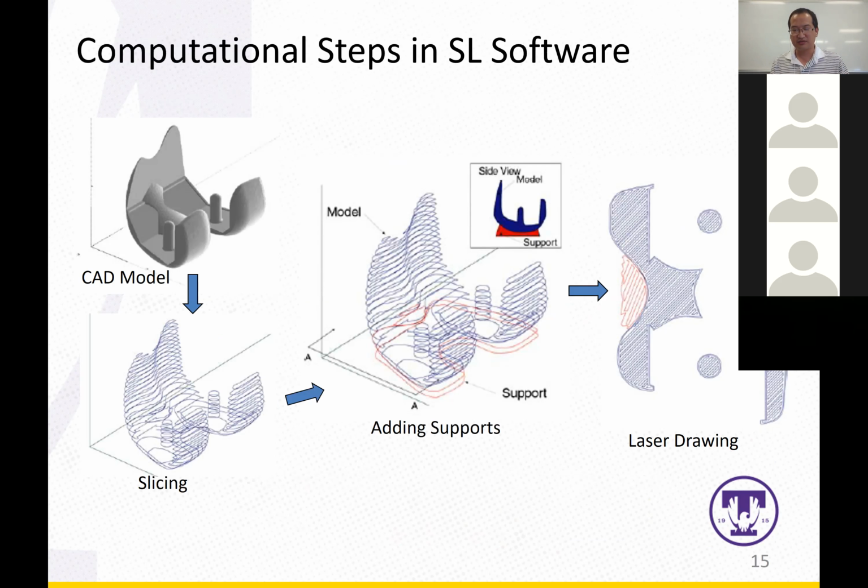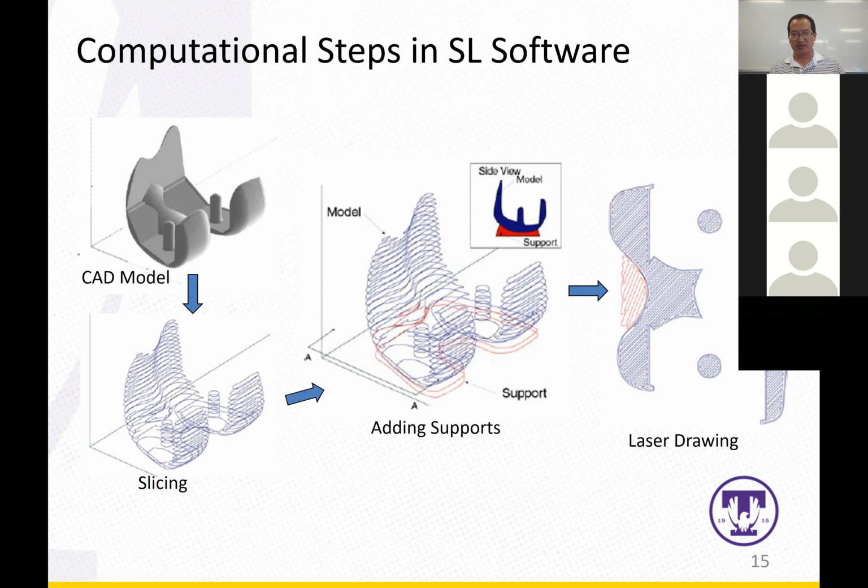Then we can print some soluble support material, and after post-processing, all the soluble material will be washed away. And then you have a totally functional part with all the motion realized. So that is the good side of printing support material.